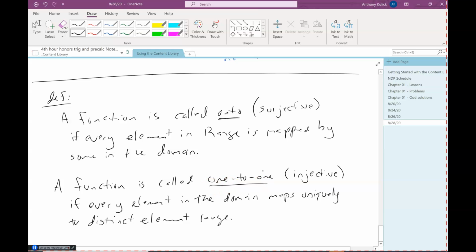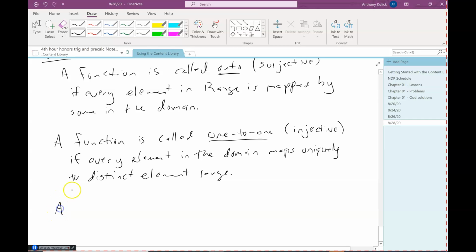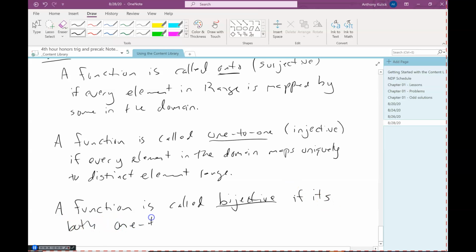So what do we mean there? We mean that the y values are used only once. And we say that a function is bijective if it's both one-to-one and onto.